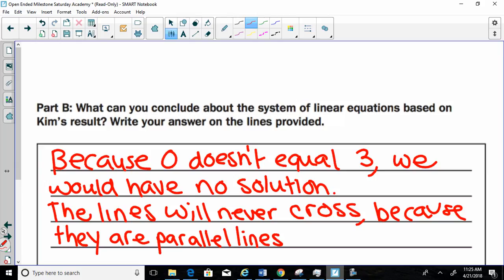What do parallel lines have that's the same? Same slope, different lines.